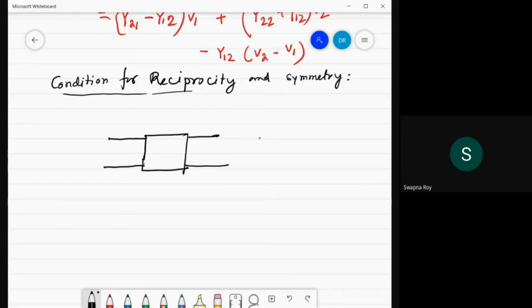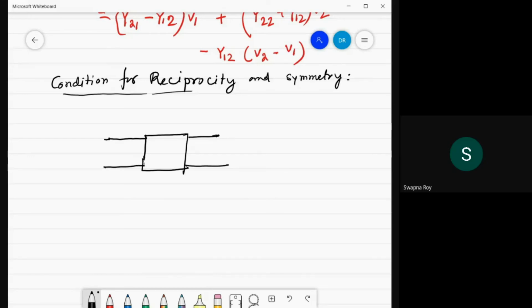If V1 is the excitation, the response is the current, right? So according to reciprocity theorems, ratio of the response transform to the excitation transform will be same if you interchange the position.